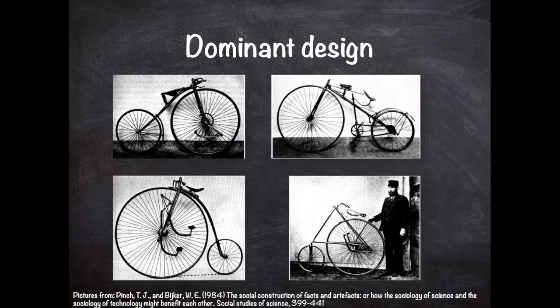So in the beginning there was something called a battle for dominant design, and a dominant design would be the way the market and the players decide together what this product will look like. And you know what a bicycle looks like nowadays, right? That would be the dominant design on the bicycle.